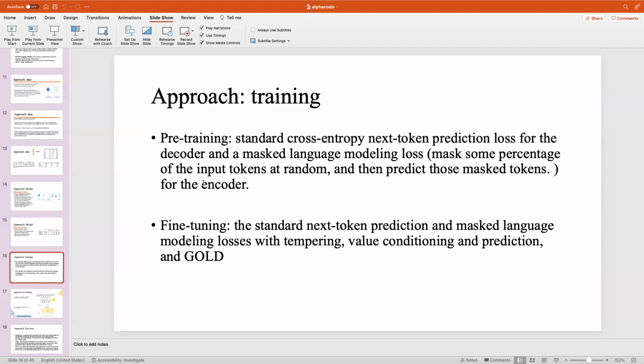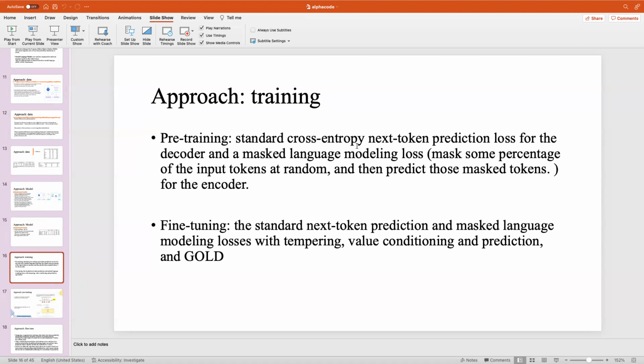The training has two phases. The first, pre-training, uses the standard cross entropy next token prediction loss and the masked language model loss. These two losses are used to pre-train the language model.